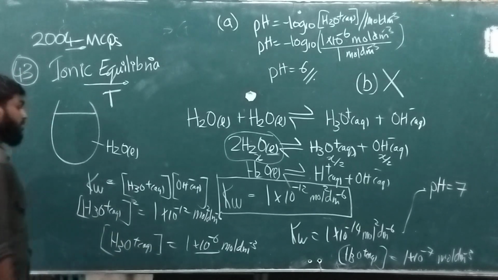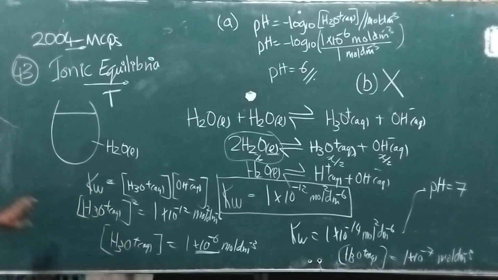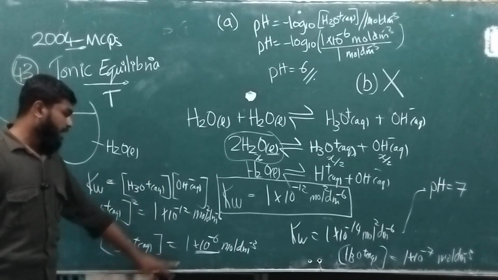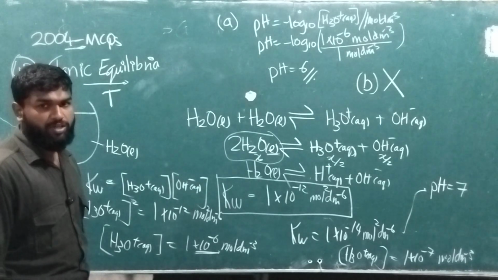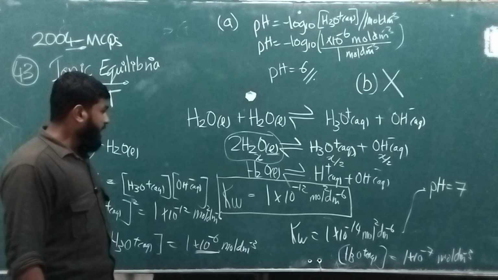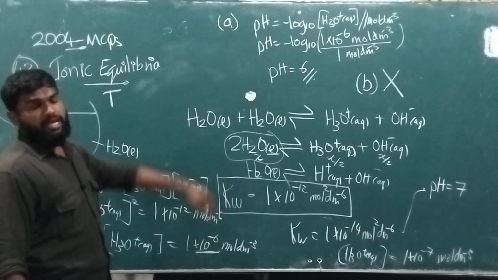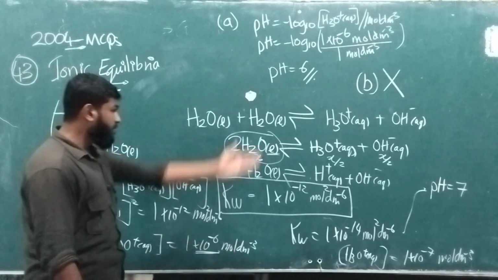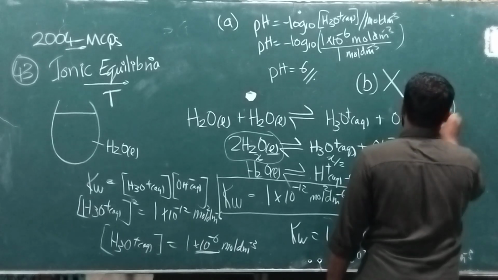The concentration that you have found for the H3O plus and OH minus will be negligible when compared to the water molecules. So therefore you can say that pure water is absolutely neutral. So therefore statement B is absolutely wrong.